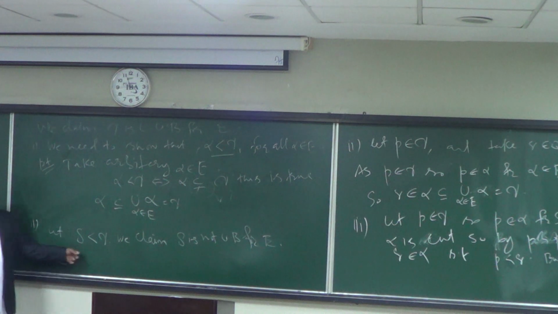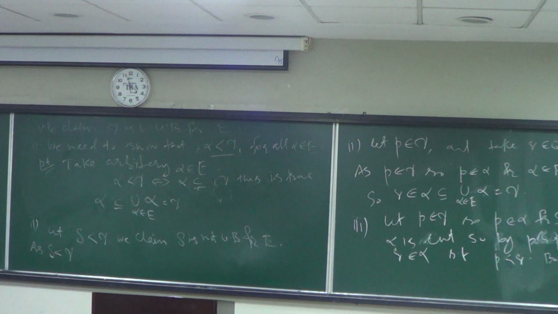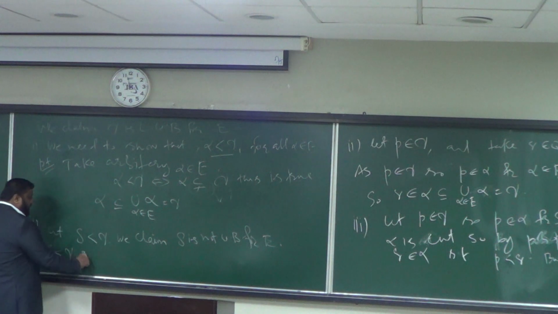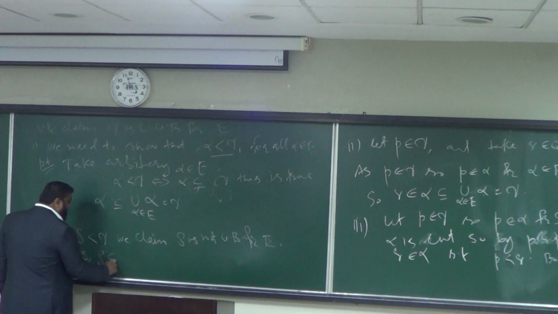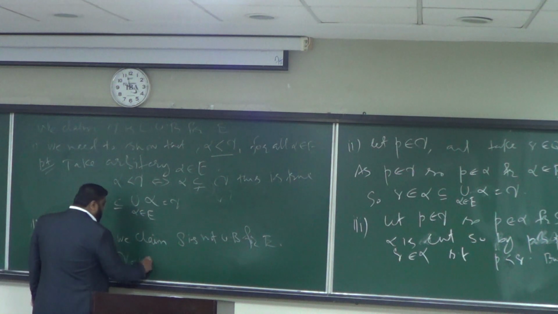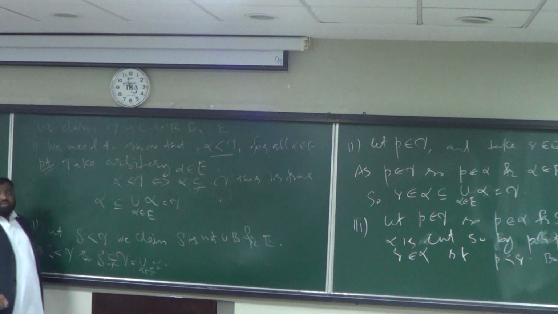What is this relation giving to you? As delta is smaller than gamma, delta must be a properly contained subset of gamma, which is the union of all alpha in E.